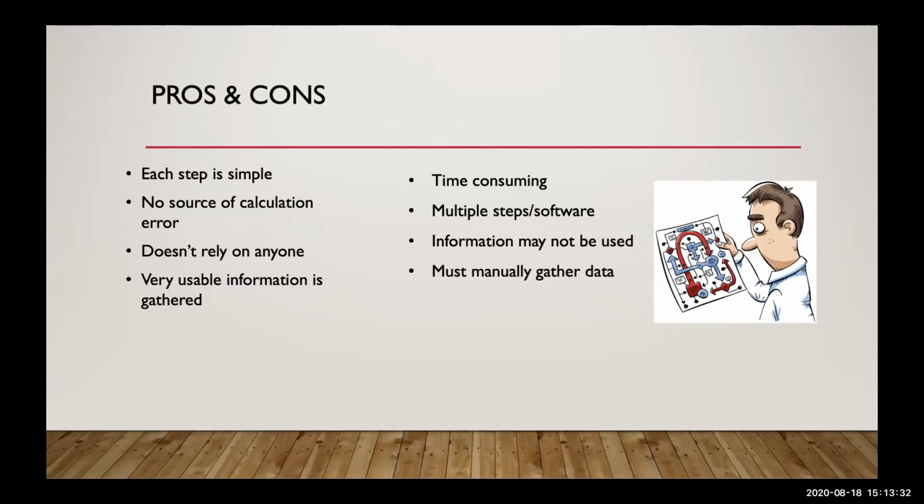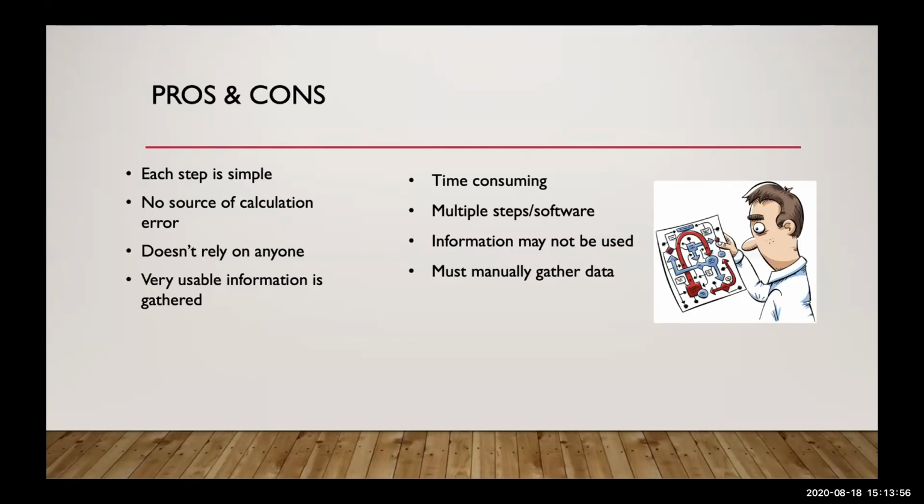Some of the pros and cons of this current process. So each step right now is very simple. It's not real complicated. There's no major source of calculation error. Like I mentioned earlier, during field verification, you may be off a couple feet here and there, but in the long run, it's nothing major.